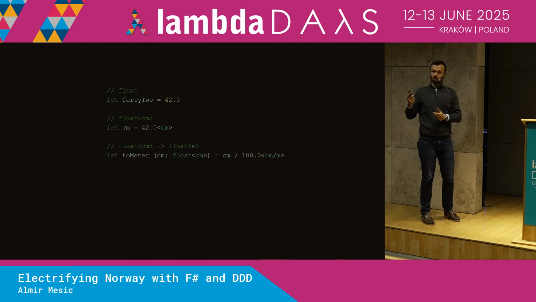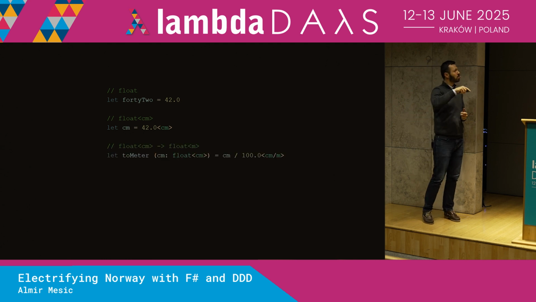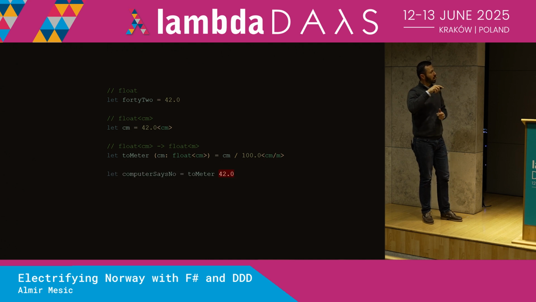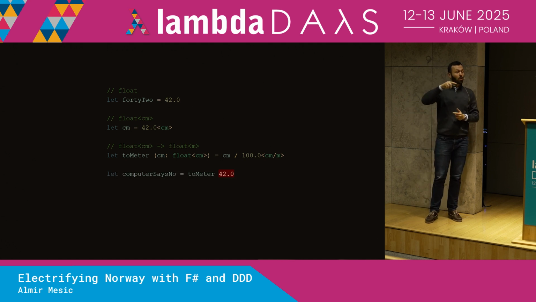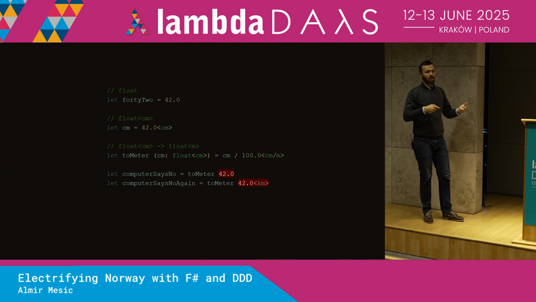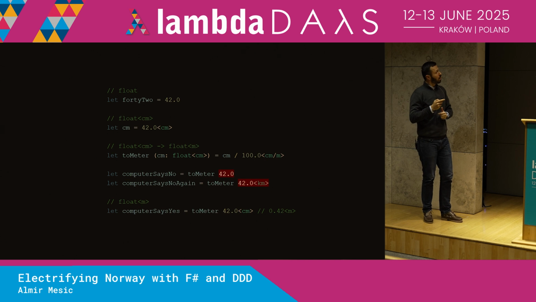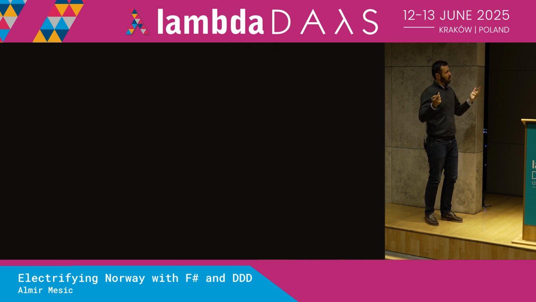Let's create a function which converts centimeters to meters. And let's say you try to pass in just the floating number to that function, it won't compile. Equally, if you do it again with just the wrong unit, it won't compile. And then if you pass in the correct one, then you'll get the expected result. So that's the most basic example.